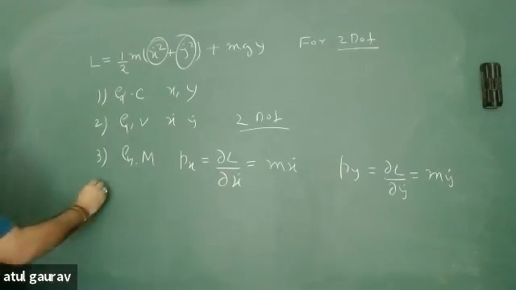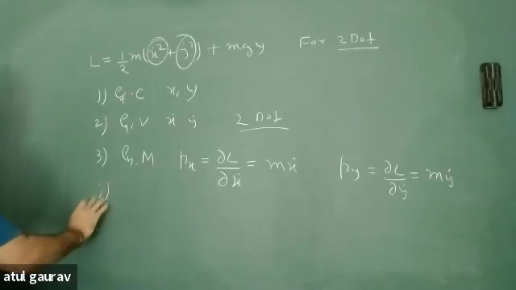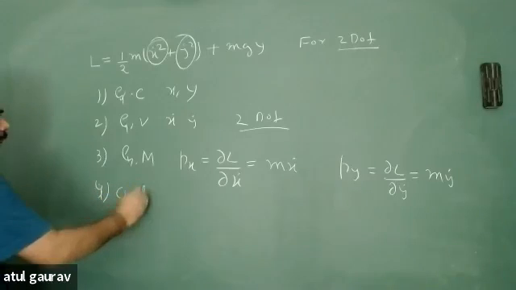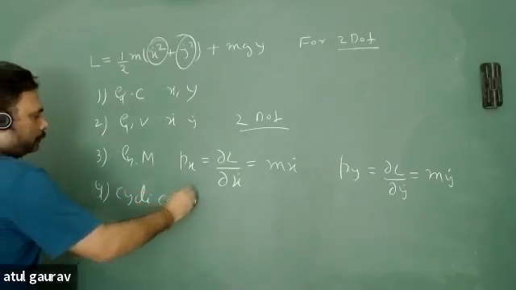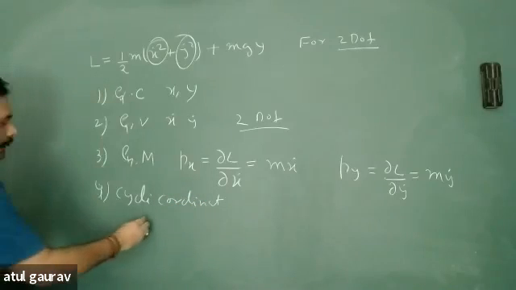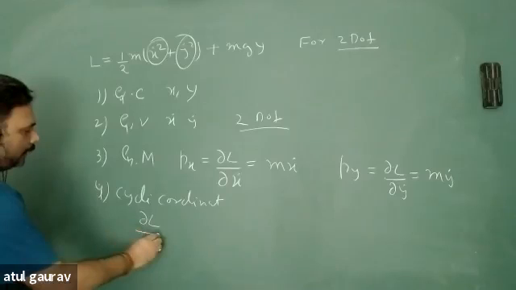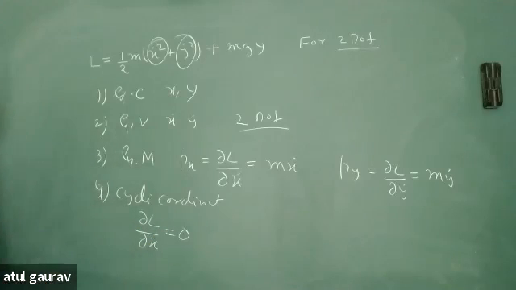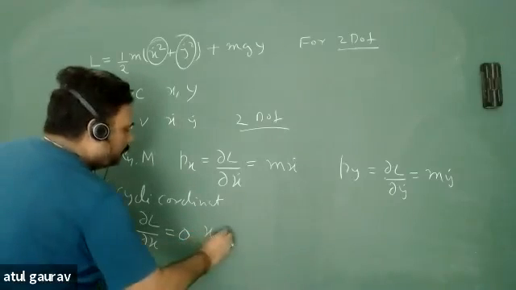What is a cyclic coordinate? If you check, del L upon del x is equal to 0. Del L upon del x is 0, so x is cyclic.